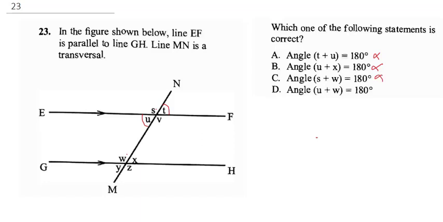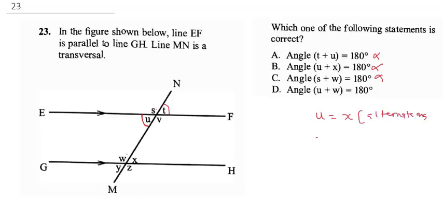Then it says angle U plus W is 180. So let's look at U plus W. Now, you can see that U is the same thing as X. U is the same thing as X, which is what? Alternate angle.